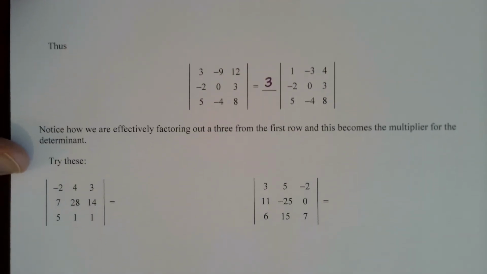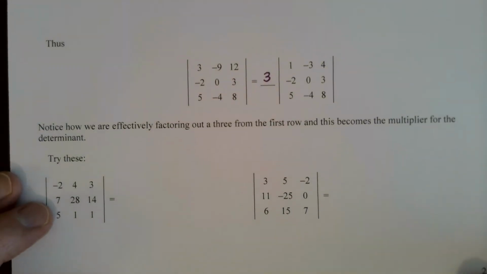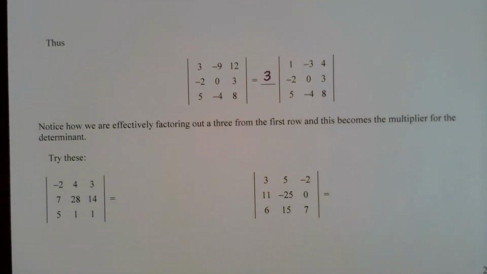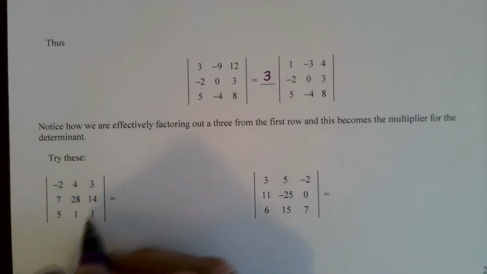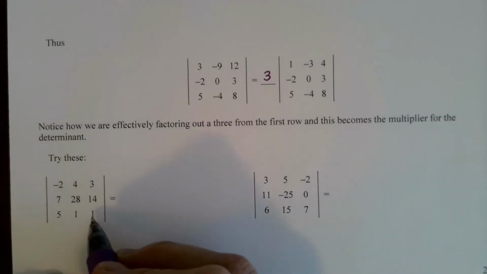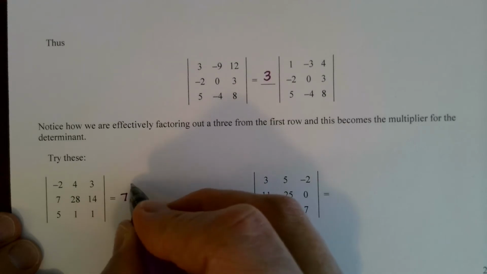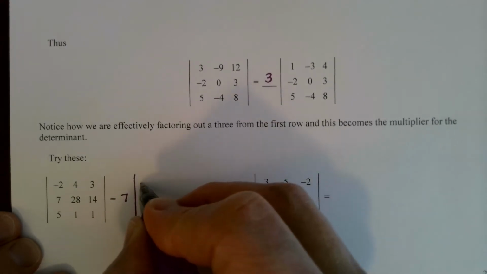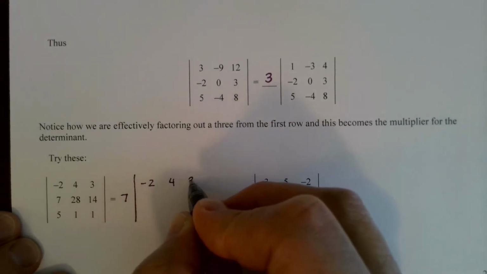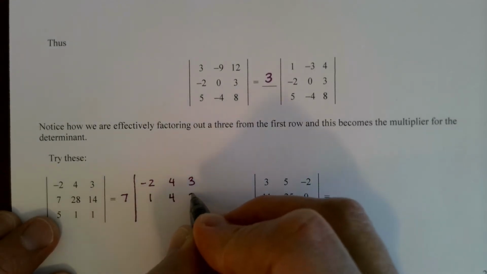Let's take a look and see how we can do a couple of these here. What can we factor out of any row or column here to simplify this determinant? Well, the second row here, clearly there's a factor of 7, so I can pull that 7 out. And this would be what would be left? 7, 1, 4, 2.